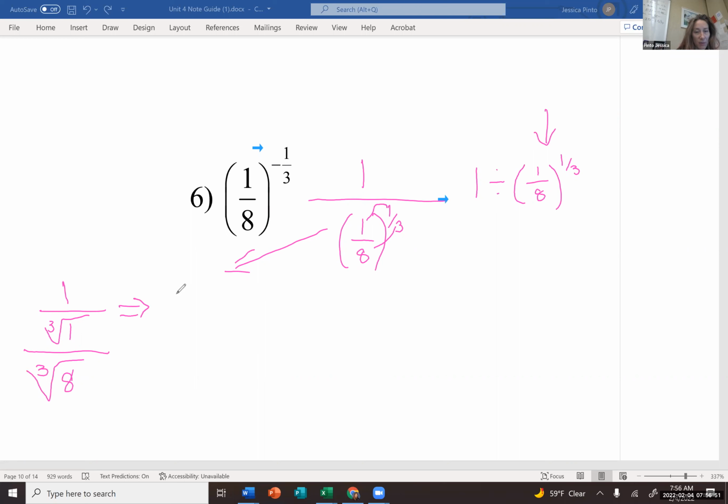And that's going to give me 1 over the third root of 1, which is just 1. The third root of 8 is 2. So what we're seeing is now 1 divided by 1/2. Very cool. Now this means that we're going to multiply by the reciprocal.